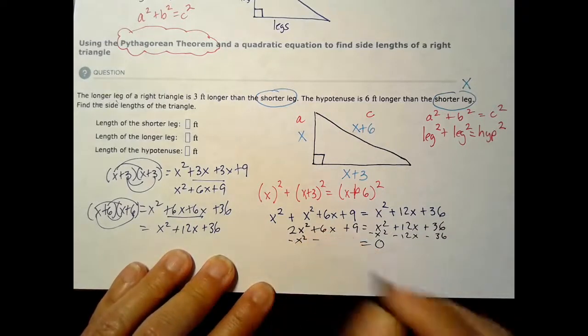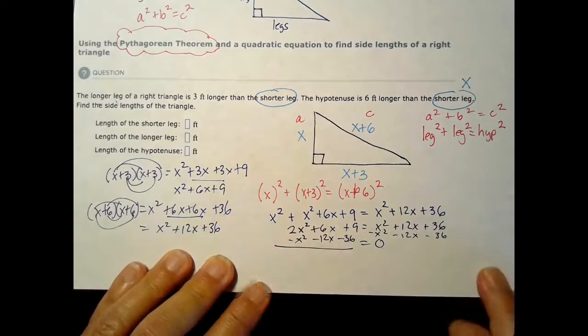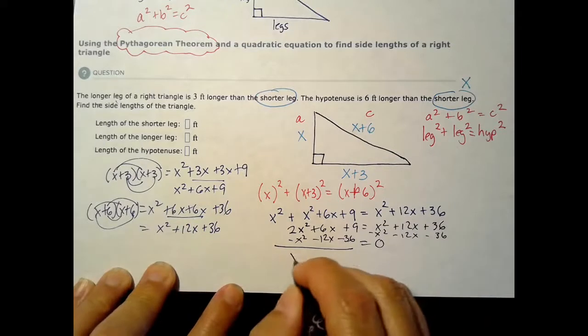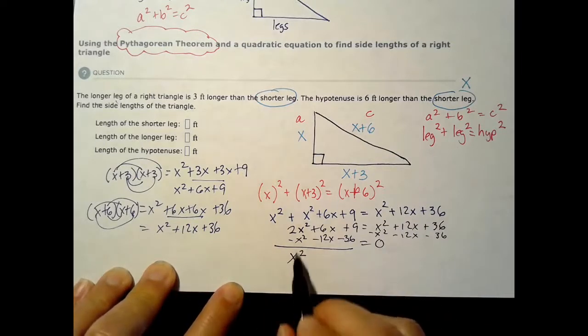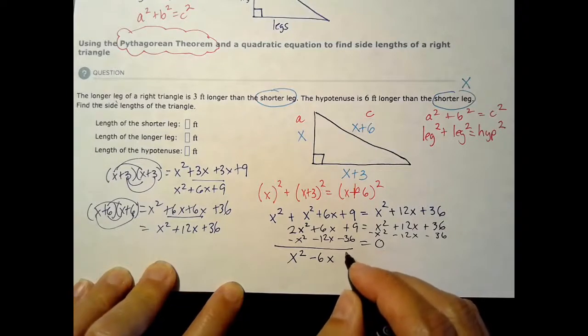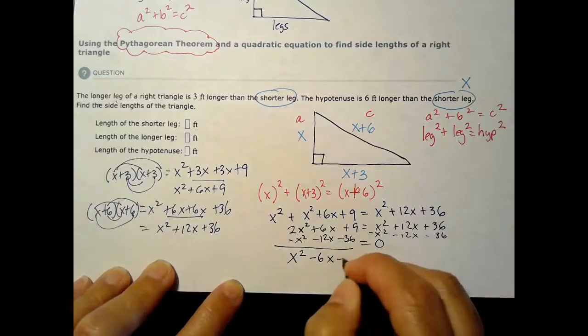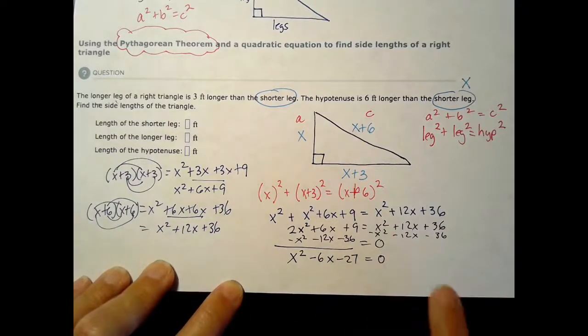So that gives me the trinomial x squared minus 6x, and then 36 minus 9, is that 27? So minus 27 is equal to 0.